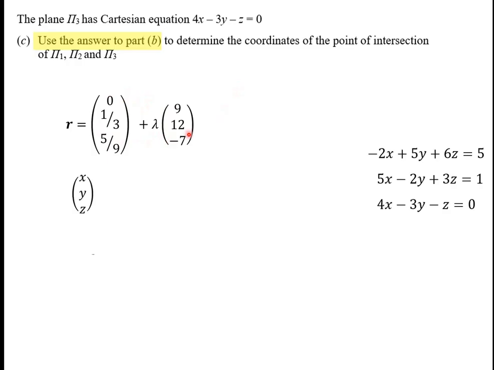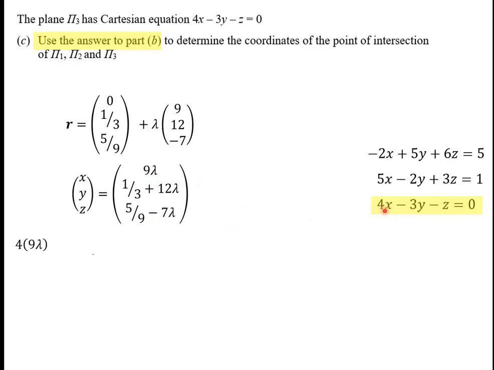So I can write it as r is x, y, z, the x coordinate, y coordinate, the z coordinate is going to be 9 lambda, a third plus 12 lambda, 5 over 9 minus 7 lambda. And I can find out where it hits this plane just by subbing the x, y and z into here, which will give me the lambda.